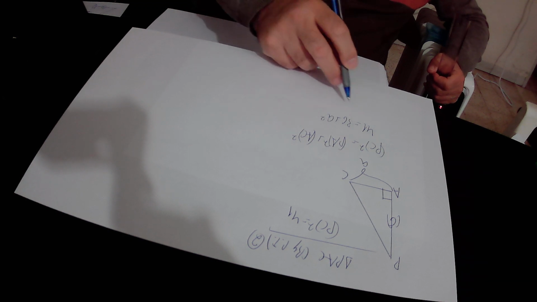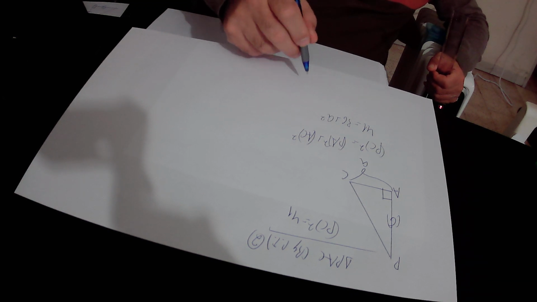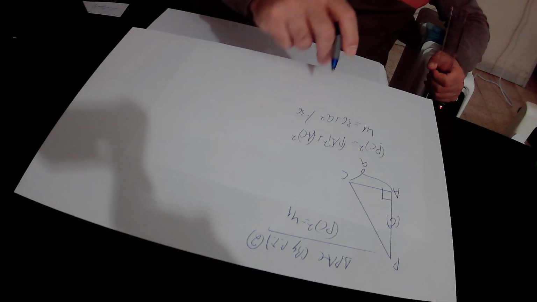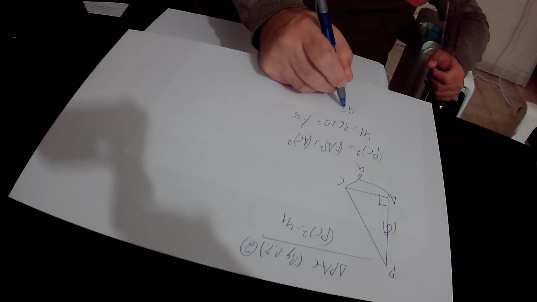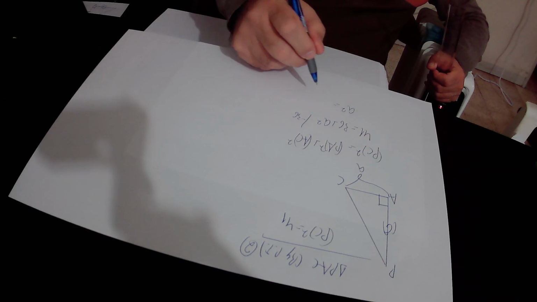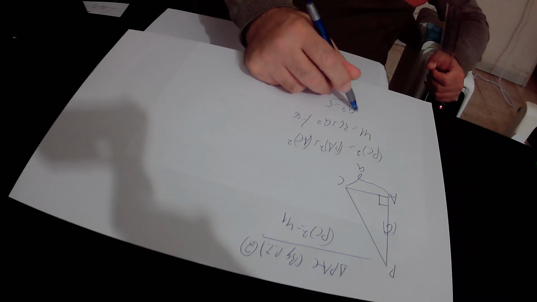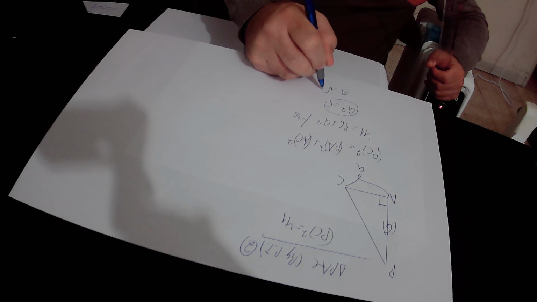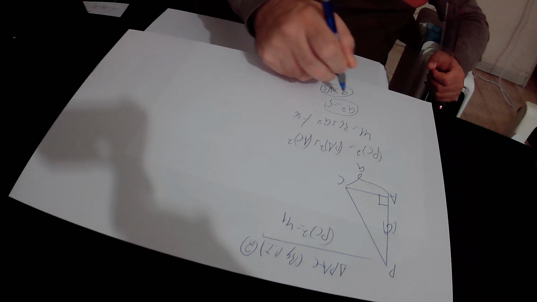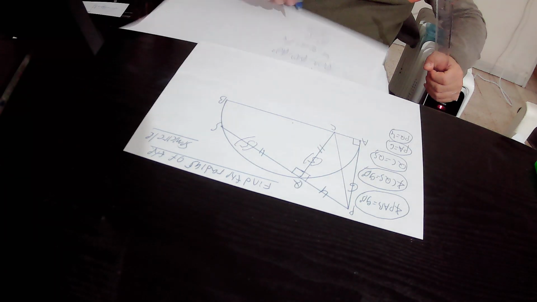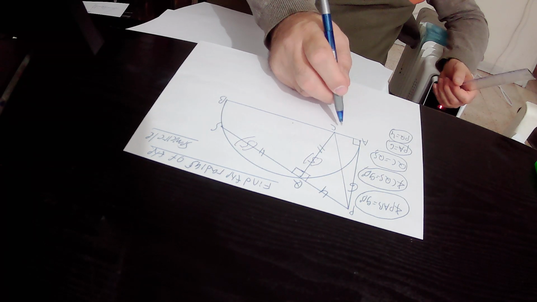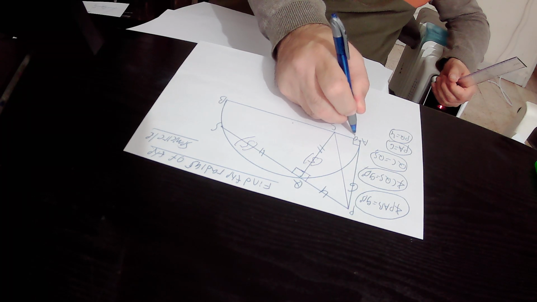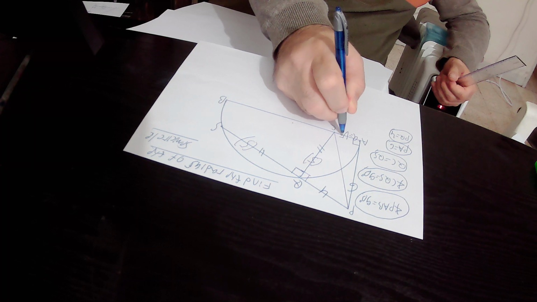So we found that 41 equals 36 plus A squared. Here we subtract 36 from this equation, and finally we get that A squared equals 41 minus 36, which is 5. Here we take the root of this equation, and finally we get that A equals the square root of 5 units. So we can write here that line segment AC equals A, and A equals the square root of 5 units.